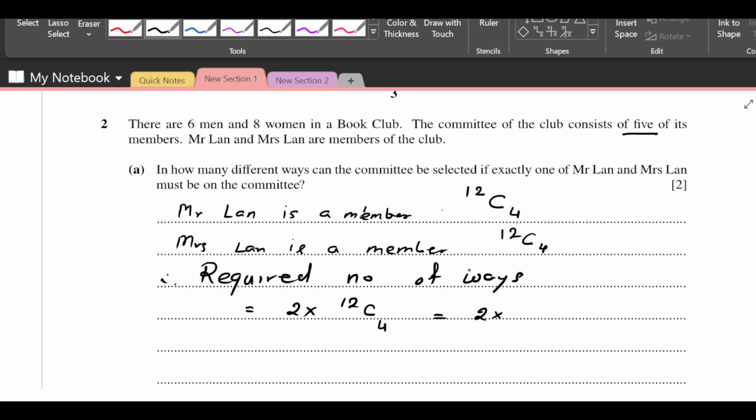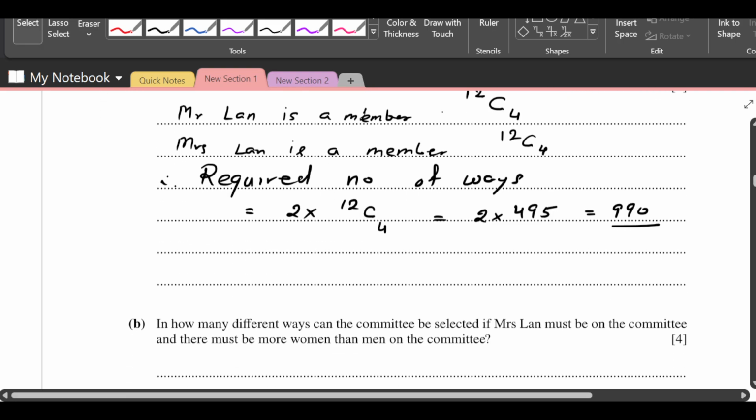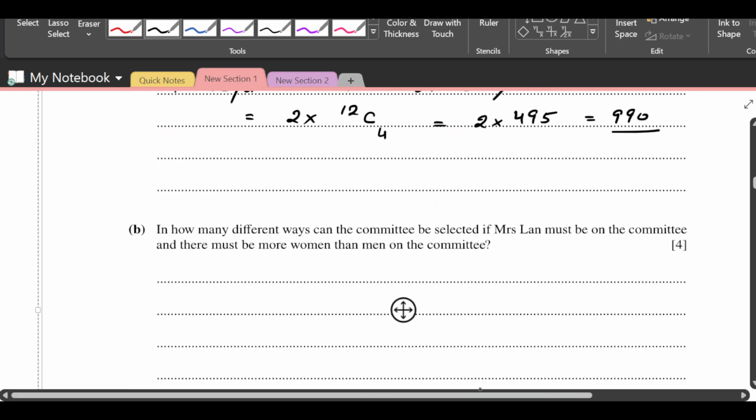This is 495. So 2 times 495 is what? 990. So the required number of ways is 990. In 990 different ways we can form the committee.